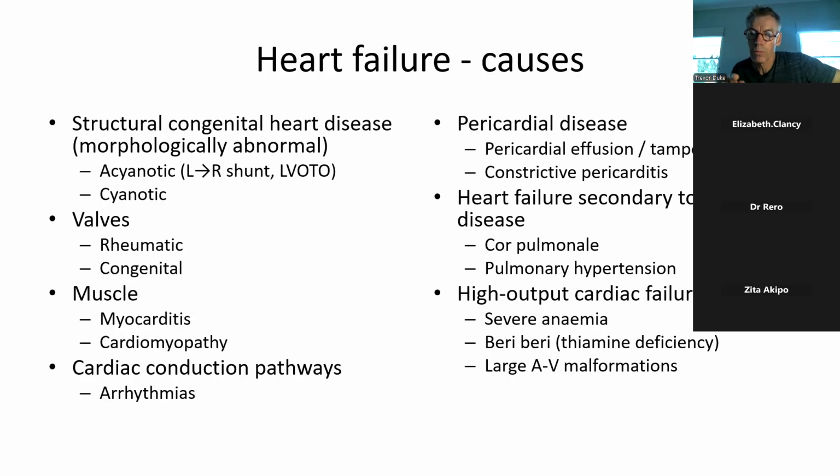And so the combination of those two things, one, fluid overload, which occurs in severe anemia because when you have a low hemoglobin, the body tries to retain more fluid to maintain the cardiac output, and the low oxygen delivery to tissues that occurs with severe anemia can lead to high output cardiac failure.